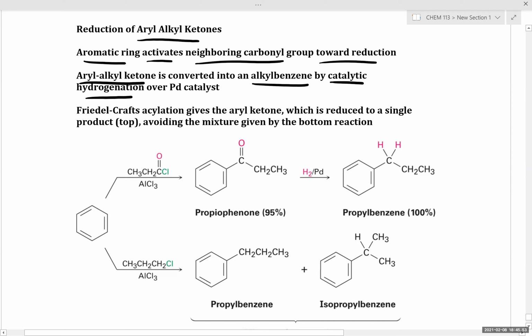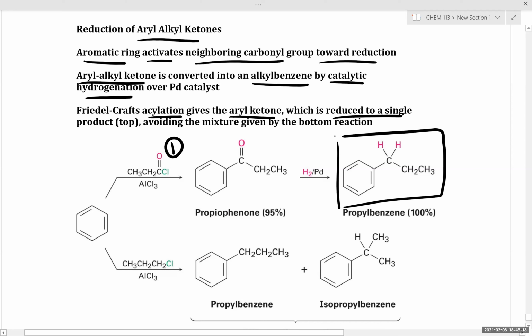Thus, this completes our complementary methods and ties together the idea that Friedel-Crafts acylation can give us the alkyl product via a two-step process. First, we use Friedel-Crafts acylation to generate our aryl ketone, and then we can reduce our aryl ketone to a single alkyl benzene product.